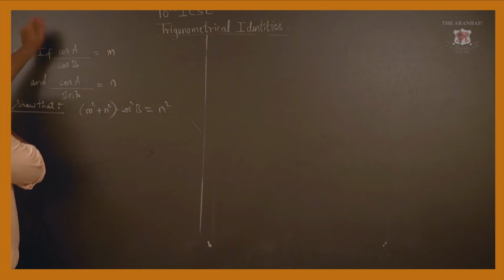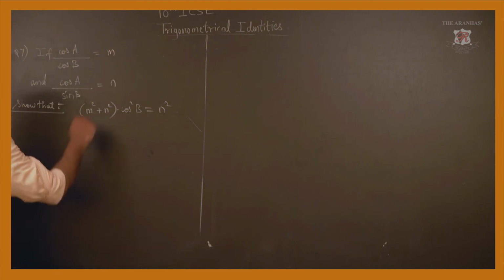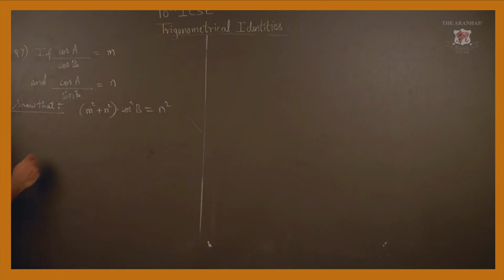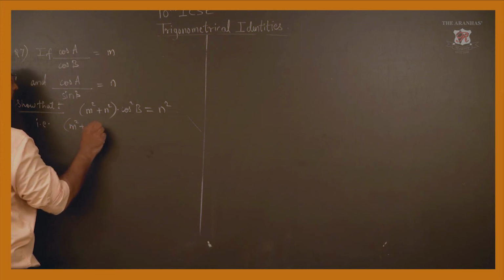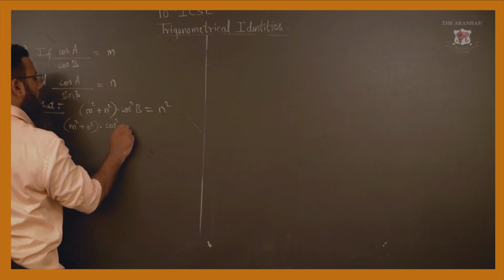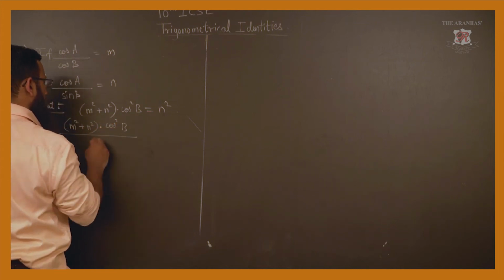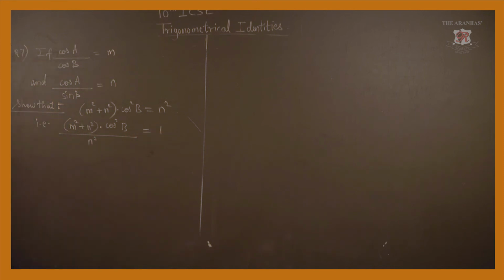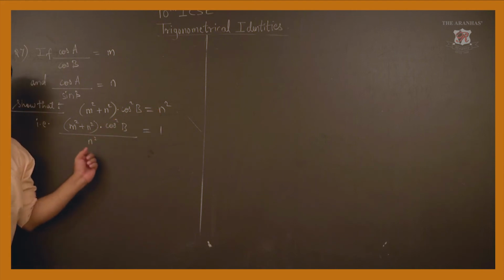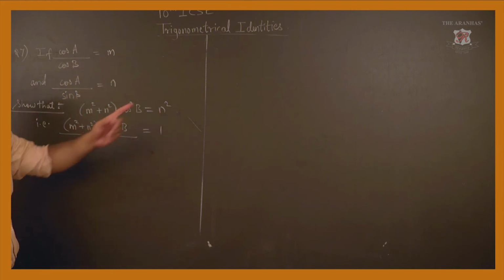We can also do one more thing in this case. This "show that" can also be written as m square plus n square into cos square B upon n square should come out to be 1, because if I take this n square in the denominator, it will be equal to 1.